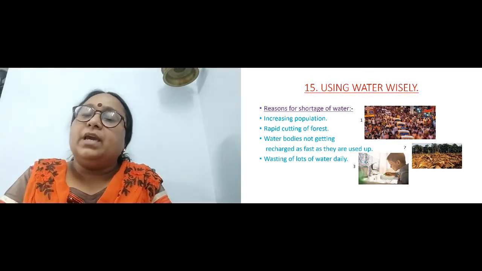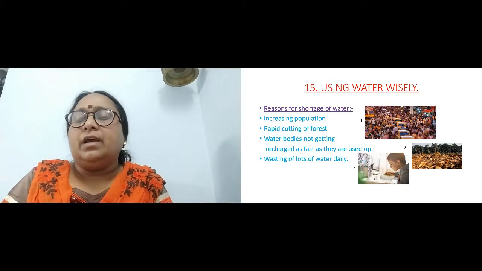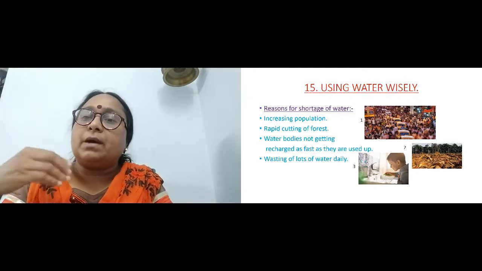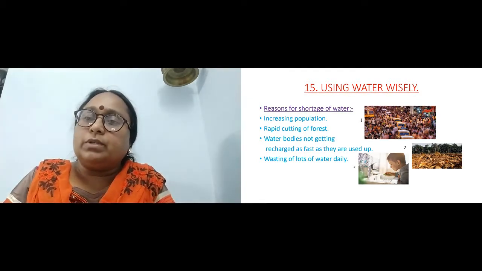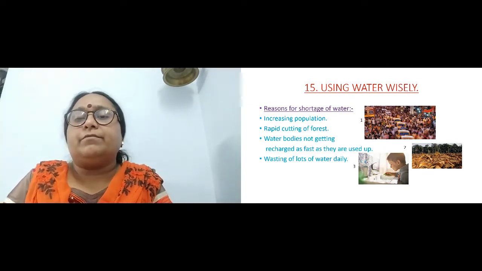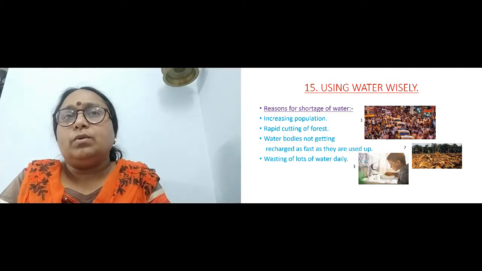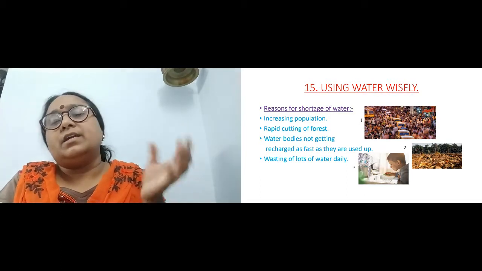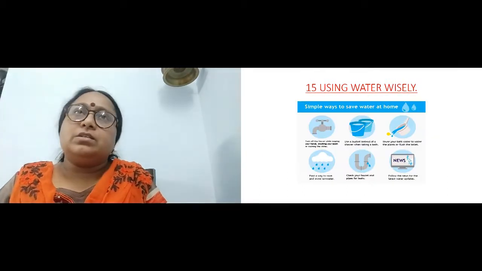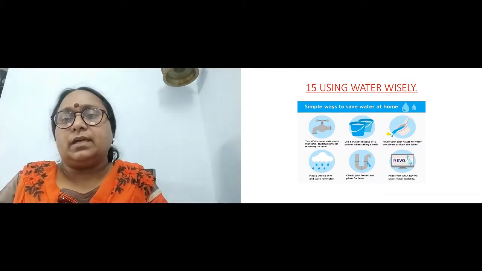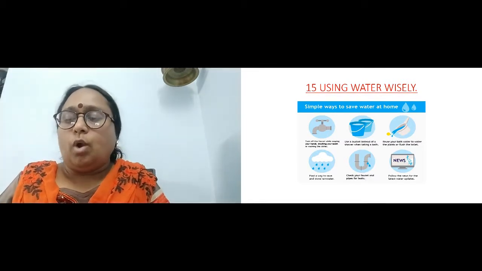This hermit crab lives in a discarded shell. The discarded shell means maybe some other animal might have removed its shell, or maybe that animal might have died. So in that shell, this hermit crab lives. So this is about aquatic animals, that is, the animals that live in water.